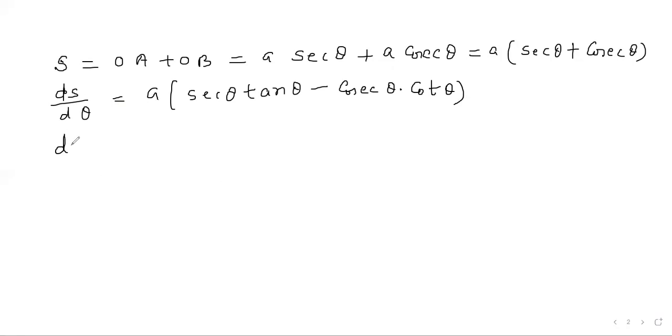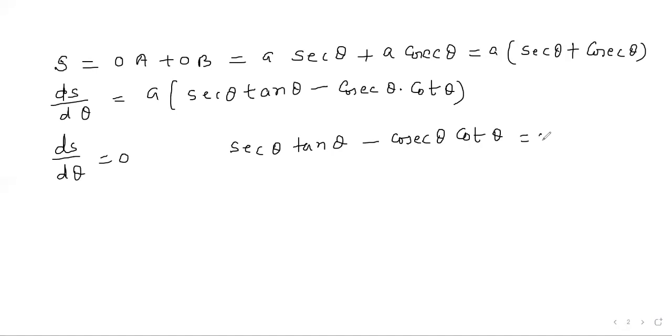We put dS upon d theta equal to 0. So we get sec theta tan theta minus cosec theta cot theta equal to 0. Sec theta tan theta equal to cosec theta into cot theta.